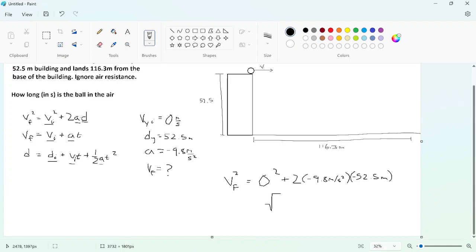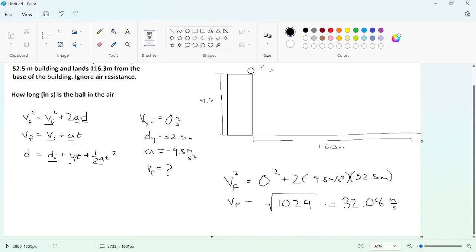So the square root of 1029 is equal to the final velocity, which is 32.08 meters per second.